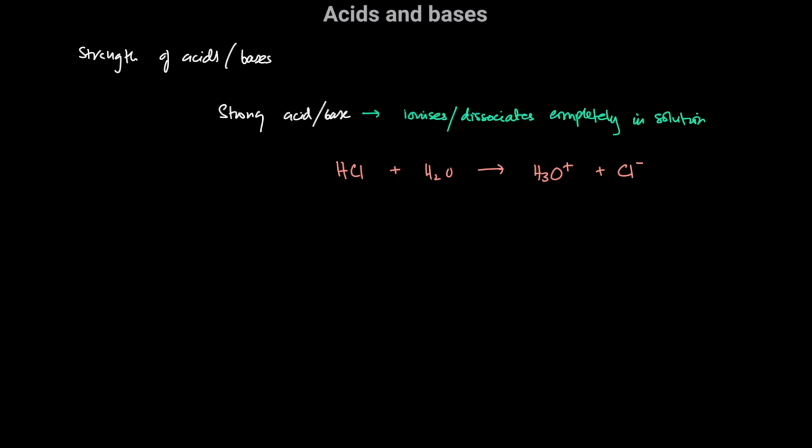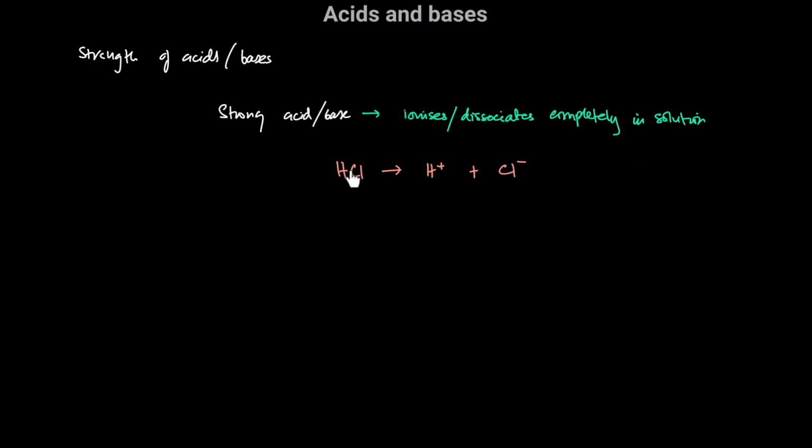Again, the chloride ion is the conjugate base of HCl, and HCl is the conjugate acid of chloride. Similarly, H3O plus is the conjugate acid of H2O, and H2O is the conjugate base of H3O plus. We write this equation in a simplified form as HCl dissociates or ionizes completely to form H plus and Cl minus.